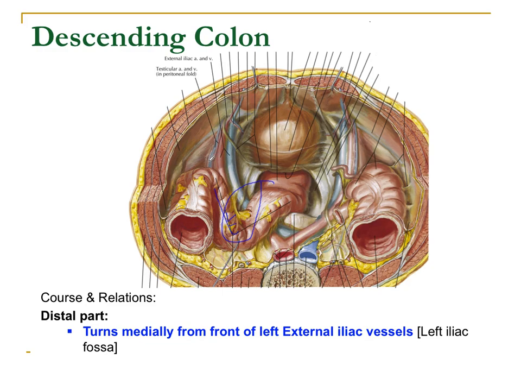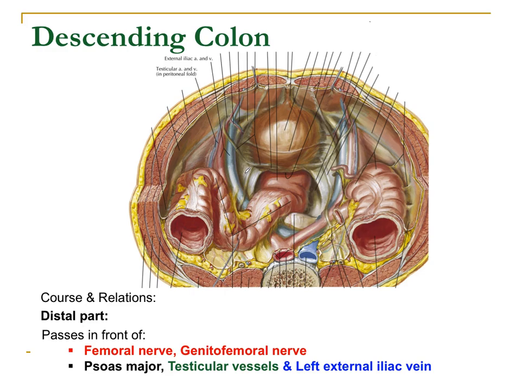You can see these are the external iliac vessels, and at the side you can also see the testicular artery and vein. These two have a very important clinical relation, so please remember. It runs medially in front of the external iliac vessels, and just beside them are the testicular artery and vein.